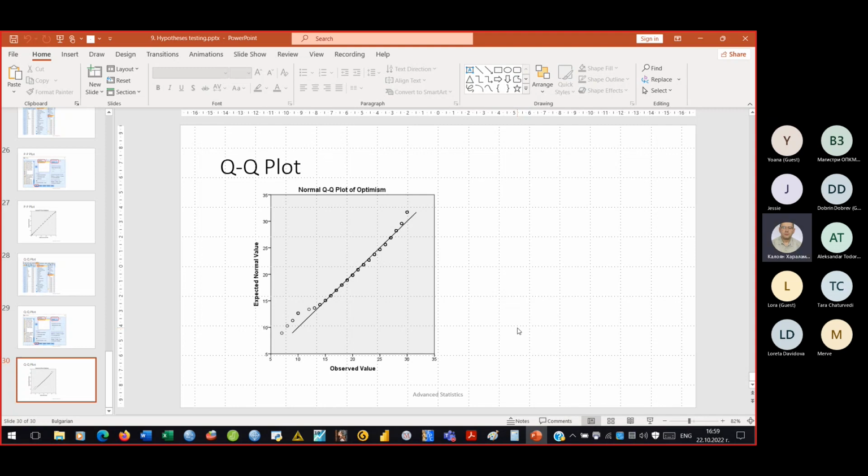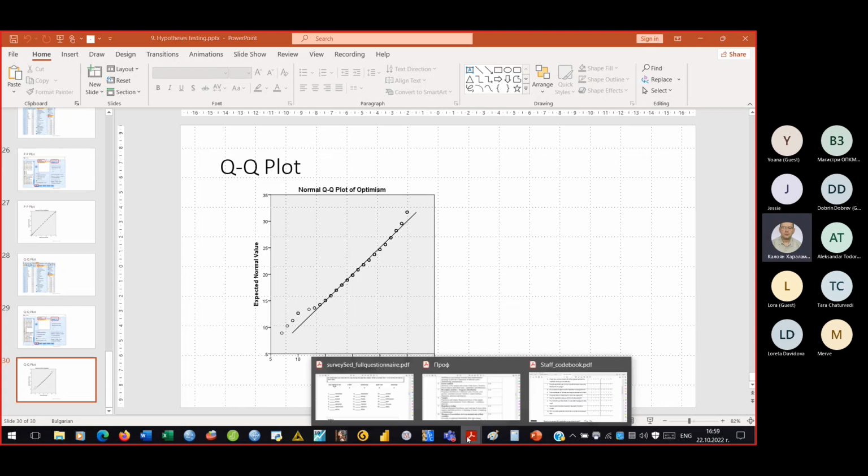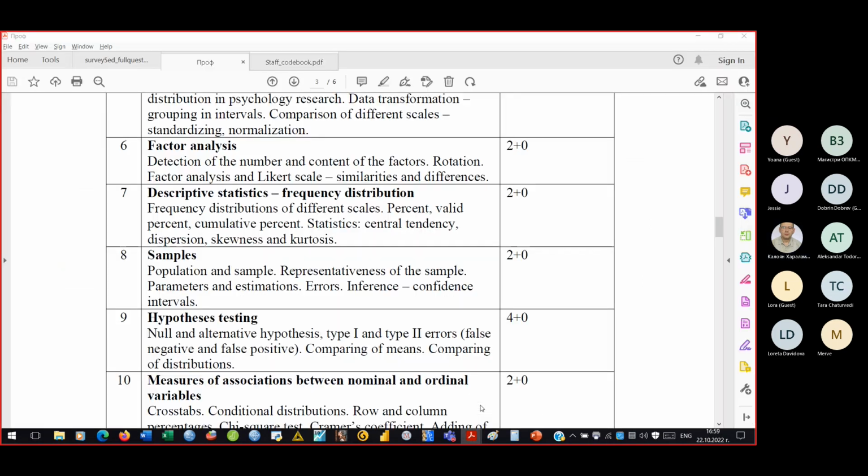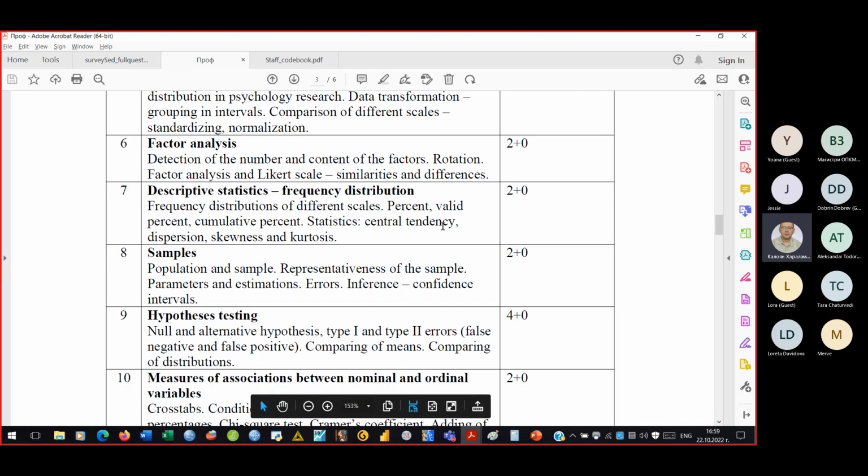So this topic about hypothesis testing is important because the next four topics are about analysis of associations, or analysis of relations between variables. We will start to analyze factors, results, independent variables, and so on.